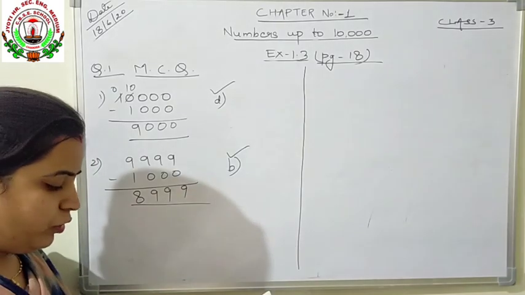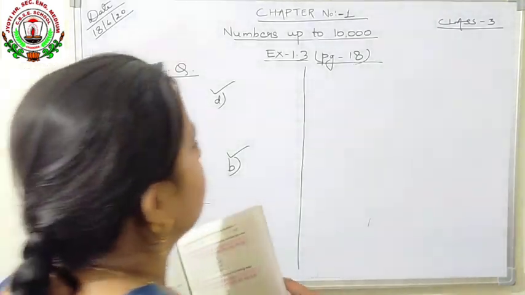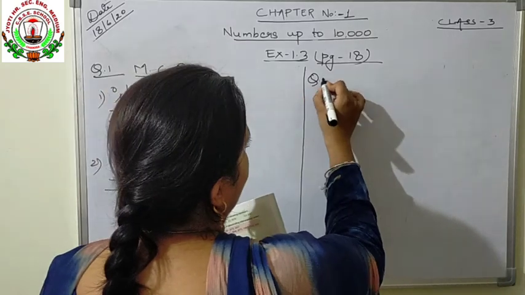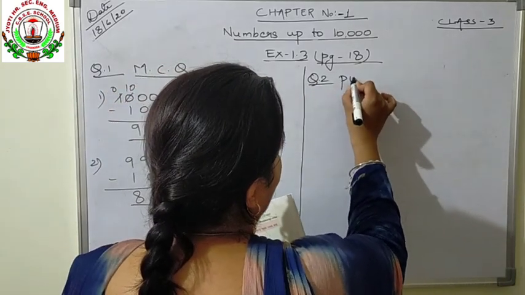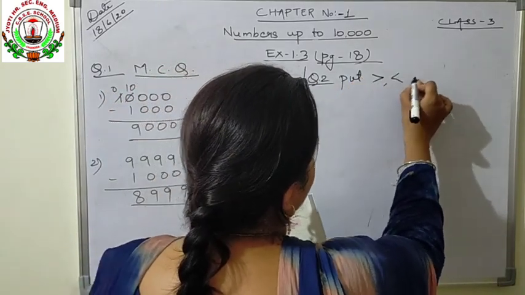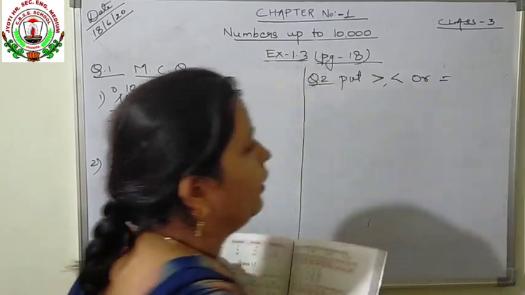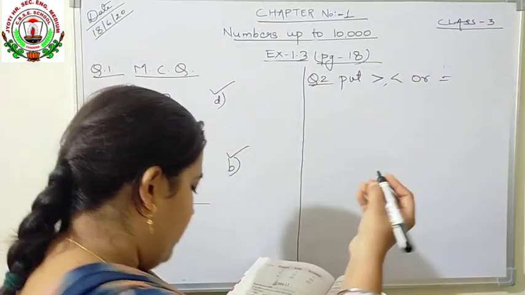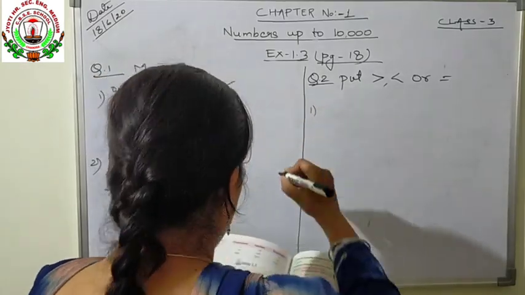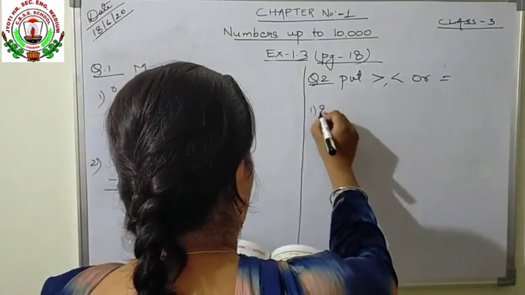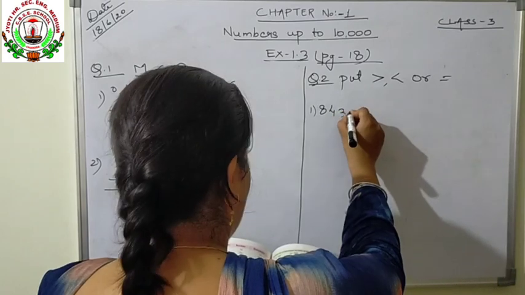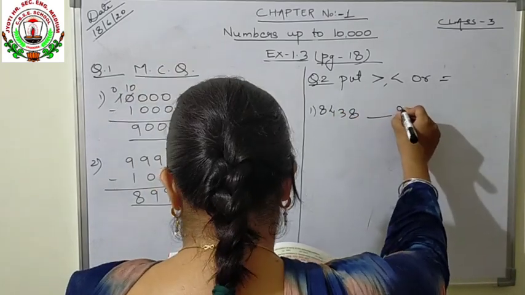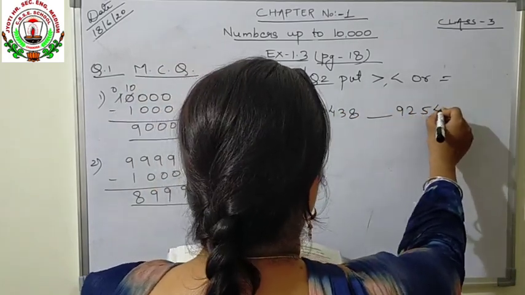Next question is put the greater, smaller or equal sign in a box. Question number 2. Put the greater, smaller or equal sign. You have to put the sign in the box. I am solving some, 1, 2, 3 questions. First one is 8438 and 9254.